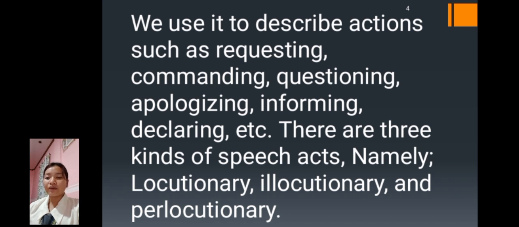There are three kinds of speech act, namely locutionary, illocutionary, and perlocutionary. These slides introduce the different types of speech act and their classification. A speech act refers to how we use language to perform various actions such as requesting, commanding, questioning, apologizing, informing, and declaring.